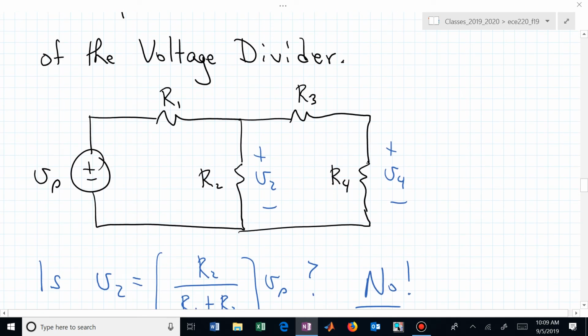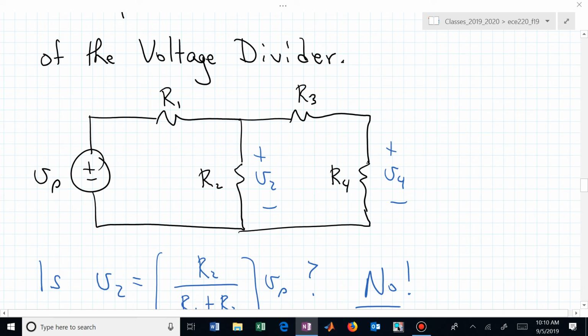Now, is there a voltage divider hiding in this circuit? Can we find a voltage divider, or why did you spend so much time talking about the voltage divider and now you're telling us we can never use it? What kind of instruction is this? So is there a voltage divider hiding in that circuit anywhere?